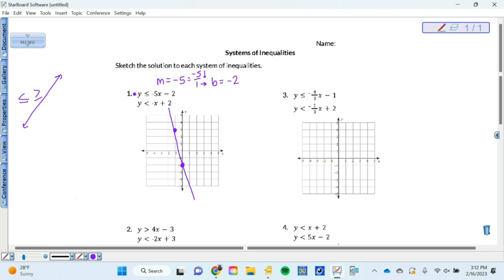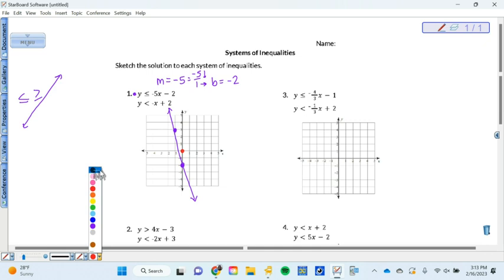And then what's my final step when I'm graphing an inequality like this? Yeah, I got to figure out if I plug in 0, 0 to determine if I shade on the right or on the left, over here or over here. So I'm taking 0, 0, and I'm going to plug it into the inequality and see if it's true or false.